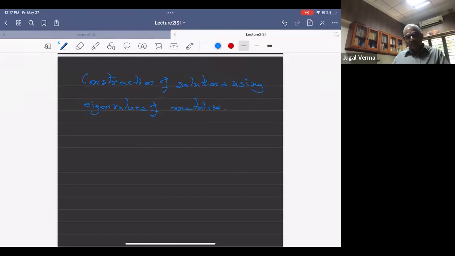What we have done so far is we have used a basic result in algebraic geometry called the Hilbert Nullstellensatz to answer some basic questions. When does a system of polynomial equations have a solution? When does it have finitely many solutions? What is the upper bound on the number of solutions? But once we know there are so many solutions of a given system, the next task is to actually construct the solutions.